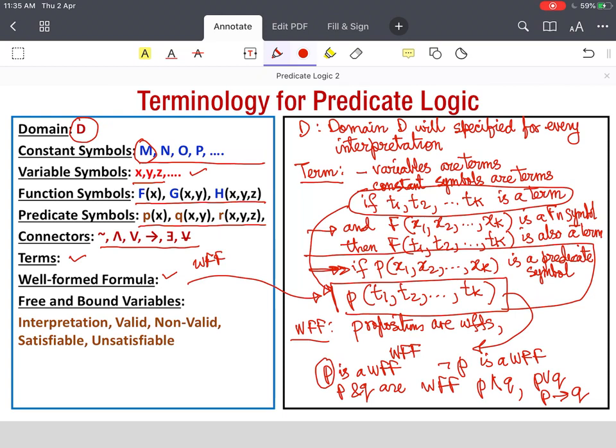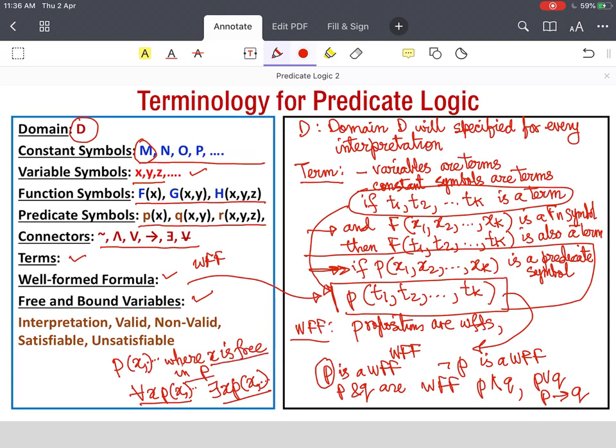It is just P. A well-formed formula can be a predicate like this. Similarly, we have already defined free and bound variables. So what we say is that if Px is a well-formed formula where x is free in P, then for all x, Px is also a well-formed formula. There exists x, Px is also a well-formed formula. Now this P can have more arguments.